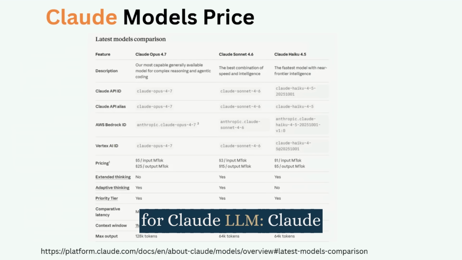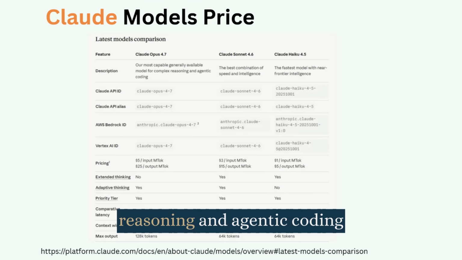For Claude, Claude Opus 4.7 costs $5 per 1 million input tokens and $25 per 1 million output tokens. It is Anthropic's most powerful model for complex reasoning and agentic coding tasks.